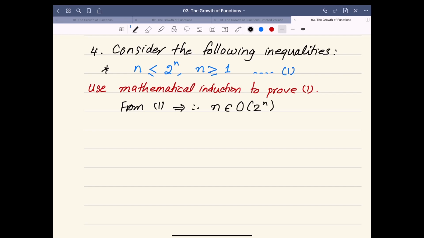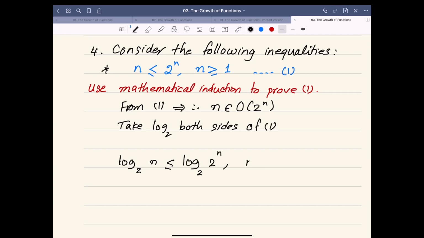This is the basic definition for n belongs to big O of 2 to the power n. Now take log base 2 of both sides of equation number 1. The resulting inequality is log base 2 of n less than or equal to log base 2 of 2 to the power n, still for n greater than or equal to 1.